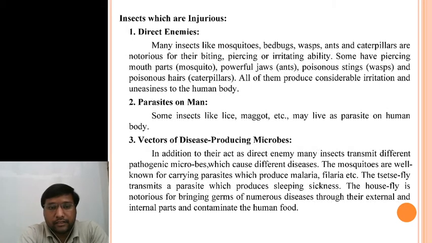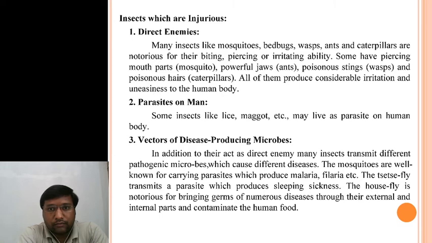Now next, insects which are injurious or harmful. First one is direct enemies. Many insects like mosquitoes, bedbugs, wasps, ants and caterpillars are notorious for their biting, piercing or irritating ability.